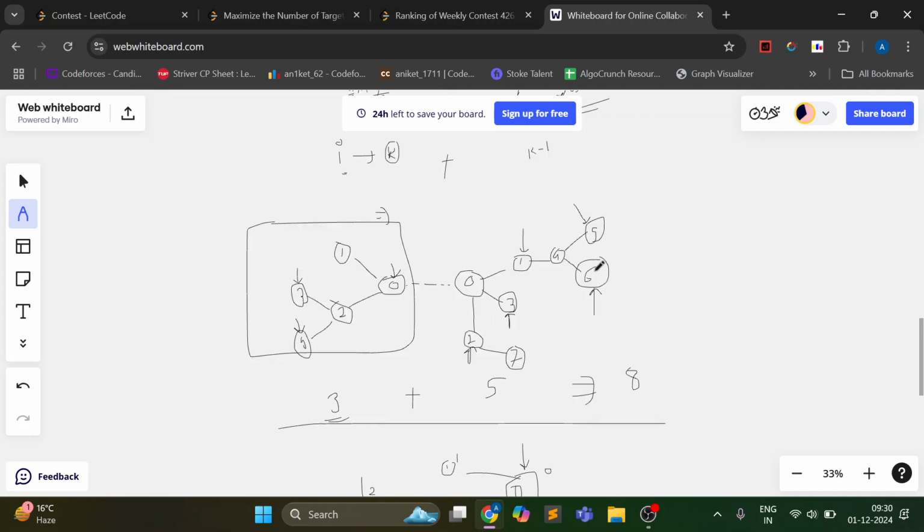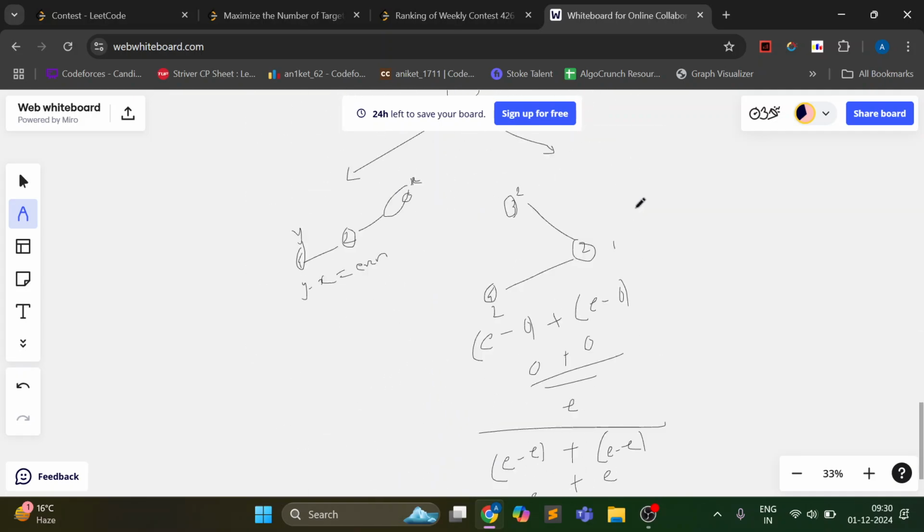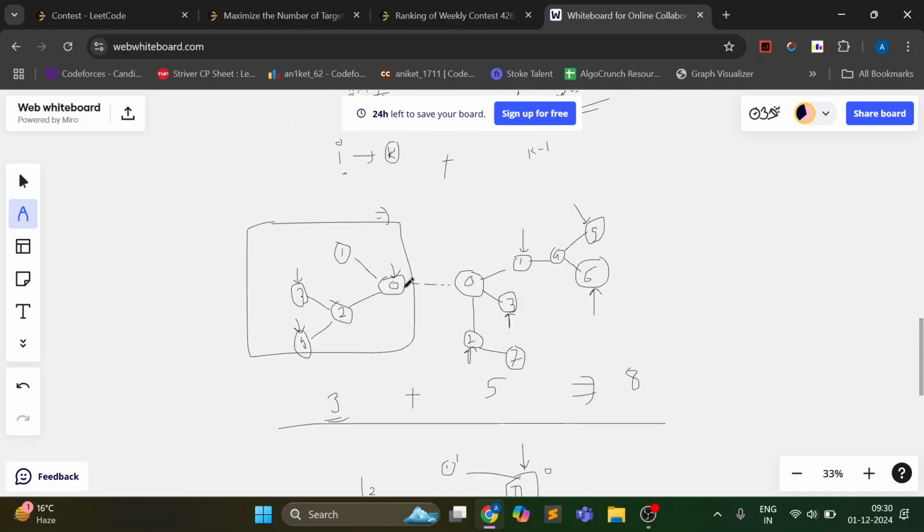Now how would we find the contribution of the second subtree? That is also easy. For 0, we have a parity of 0. Now, either we can connect a node from the second subtree which has parity 0, or the second option is to connect one which has parity 1. We will always connect with the element which has the maximum contribution of the second subtree.